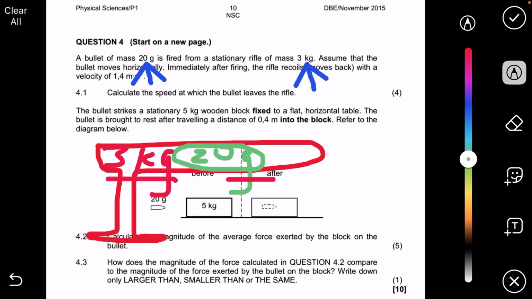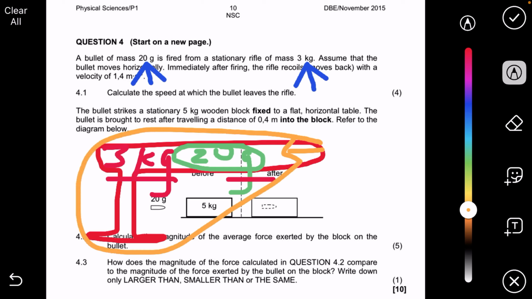Remember, guys, this bullet is inside that rifle, which is stationary. What does it mean? It means the velocity of that rifle is equal to 0. Why am I saying this? Because the rifle is stationary.